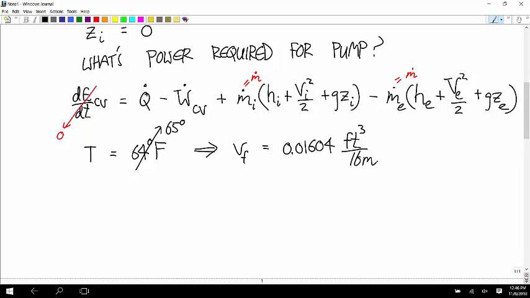And so that means that the density is equal to the reciprocal of that. So what do you get for that? 62.34 pound mass over cubic feet.